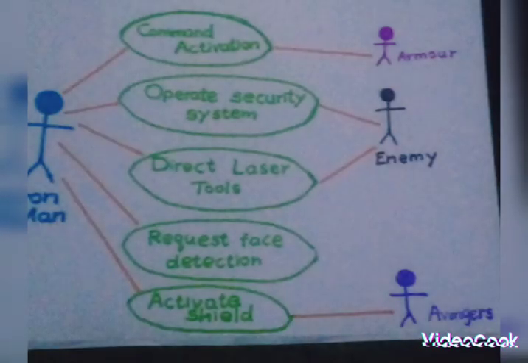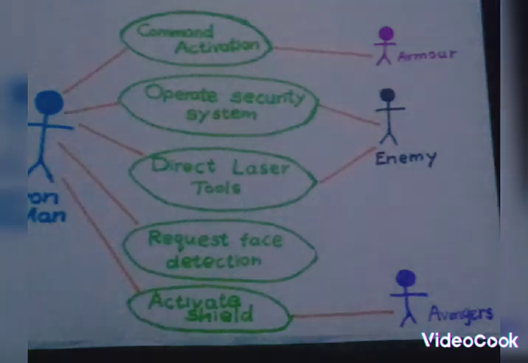Iron Man activates SHIELD in order to protect Avengers. There are 5 use cases in this use case diagram, and if you take the flip side of it, they all are the functions or capabilities of Jarvis, which is the software system that we consider.